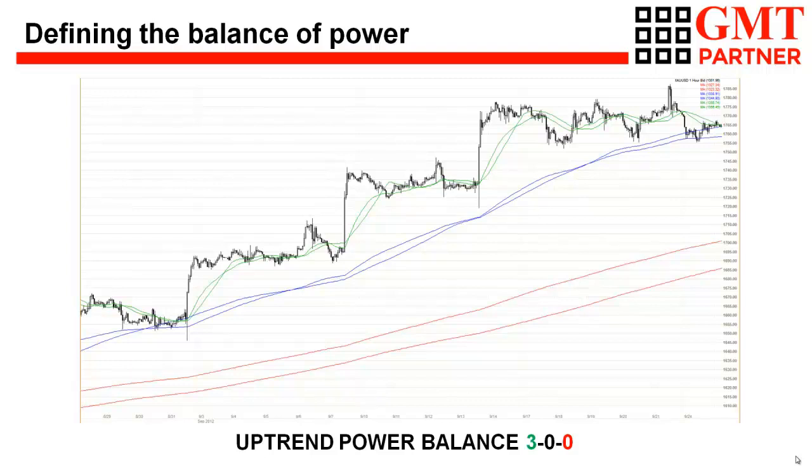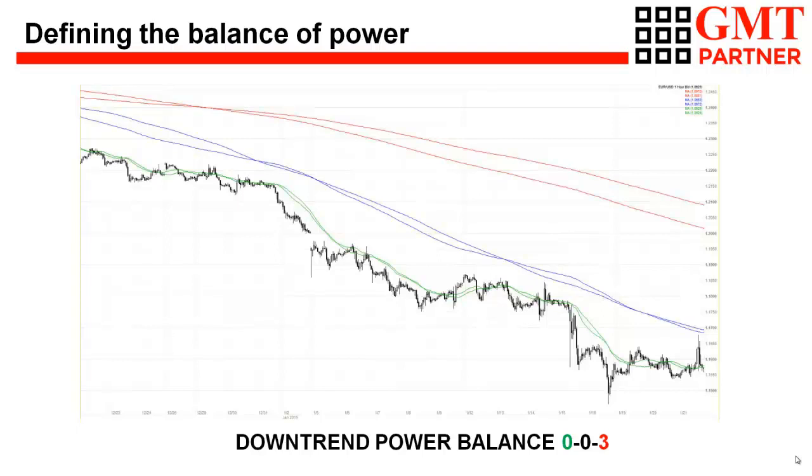It should be noted that the fact of the presence or absence of the swings in the direction of the uptrend is defined by the close prices of the hourly candles. So, at any point on the uptrend, the balance of power of market participants will look like the following expression: 300.